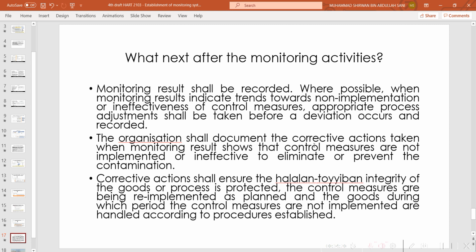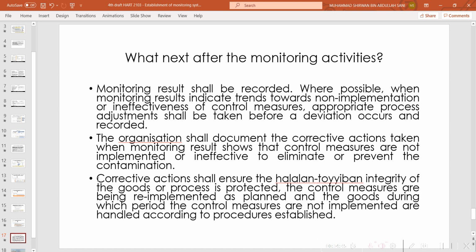So what you can do, when you see the deviation in the first place, you have to stop the production, okay, and then you have to segregate the product that is still okay from the product which is non-conformance, you have to segregate it to the other side. Okay, so the non-conformance product might go for disposal afterward. Right.